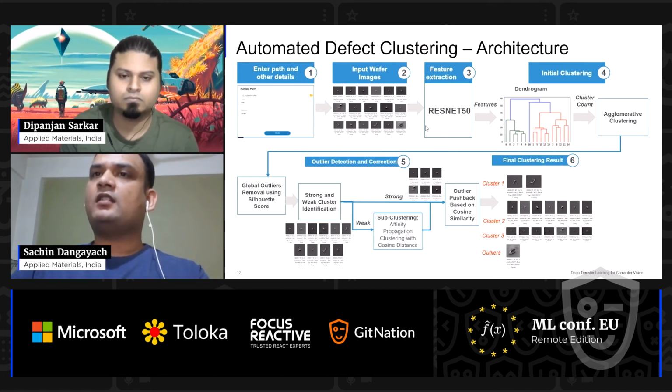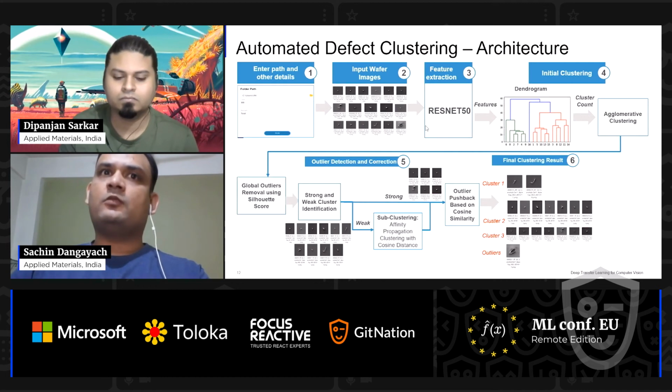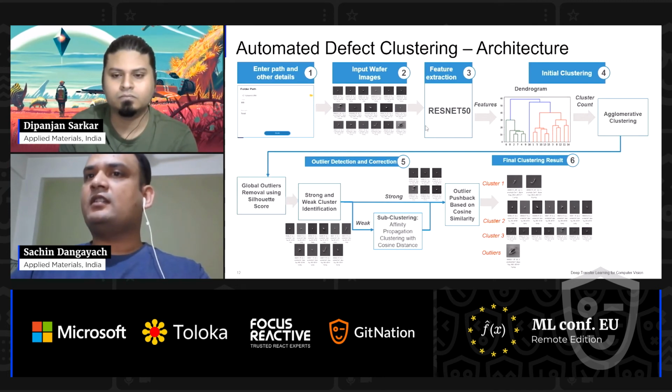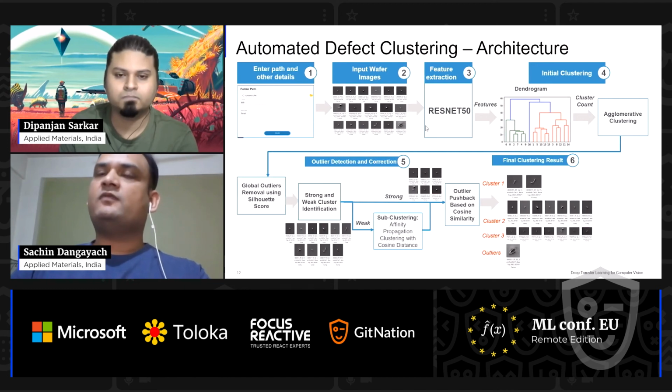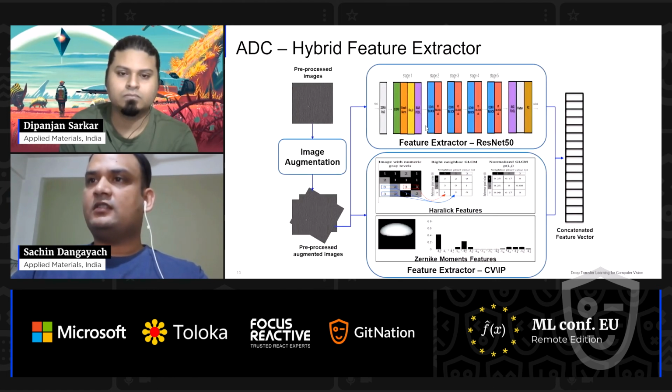Then we go to a finer level of clustering, like agglomerative clustering or affinity propagation clustering. Based on these results, we figure out the right clusters as well as the outliers, and that is presented to the user. This makes the whole process very reproducible and repeatable, which is otherwise very subjective between different manual users. Over to you, Dipanjan, to get into more details of this algorithm.